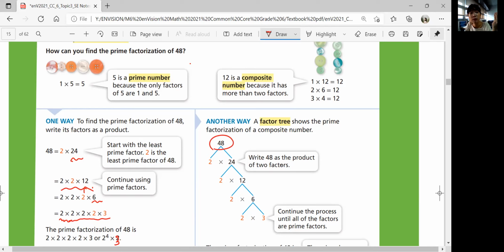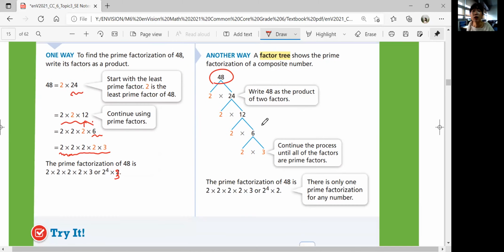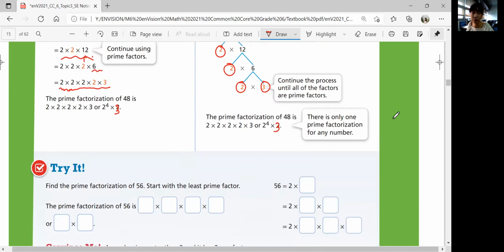And you can keep doing that until you only have prime numbers and you cannot go further down. Okay, so you can look at the ends of the factor tree. You have 2 times 2 times 2 times 2, 4 2's. So 2 to the 4th power times 3. Okay, that is called a prime factorization.